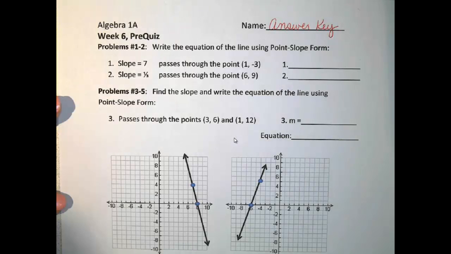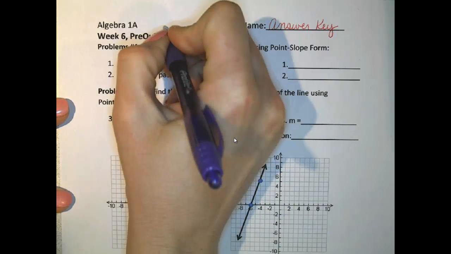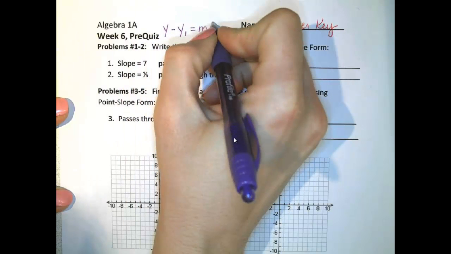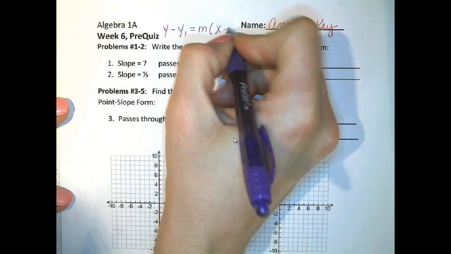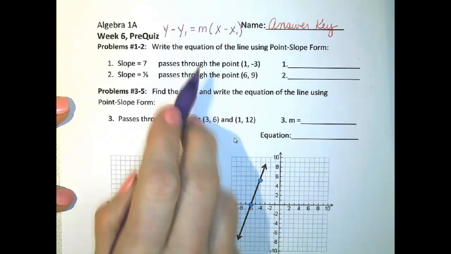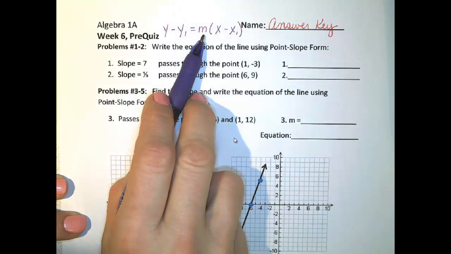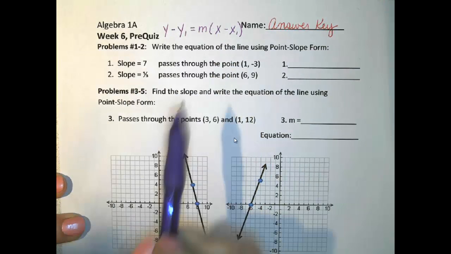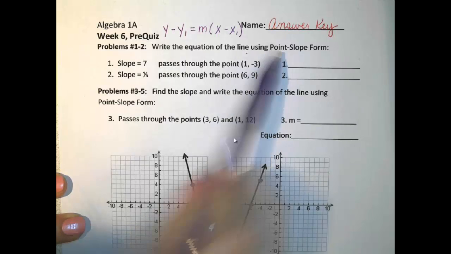As a reminder, point-slope form is y minus y1 equals m times x minus x1, in which m is the slope and we have a point x1, y1. So in problem 1, it says write the equation of the line using point-slope.